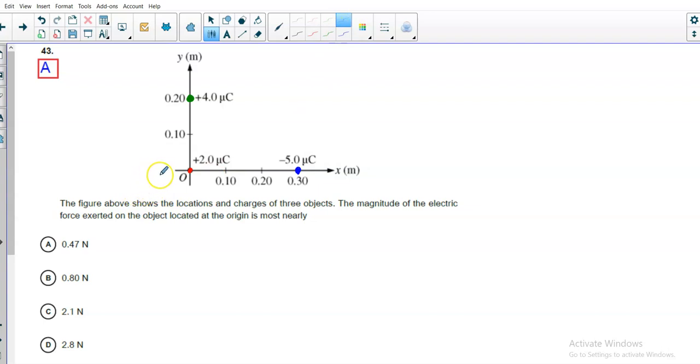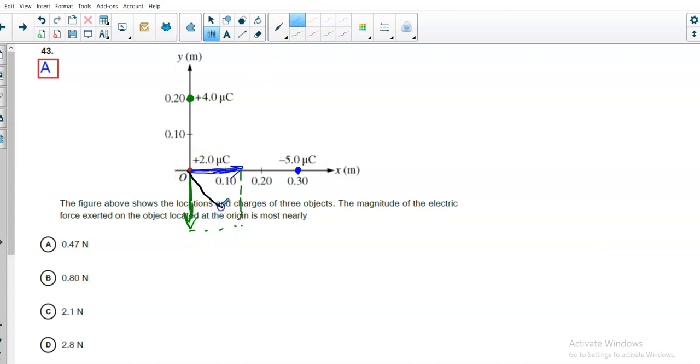Let's say the blue force is negative, so it's going to attract this positive charge this way by some force. And the green one is repulsive, and it's going to be pushing this way. Roughly the same, we'll figure out exactly. The end result is going to be this.